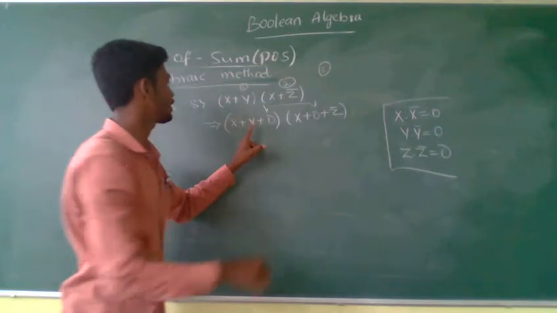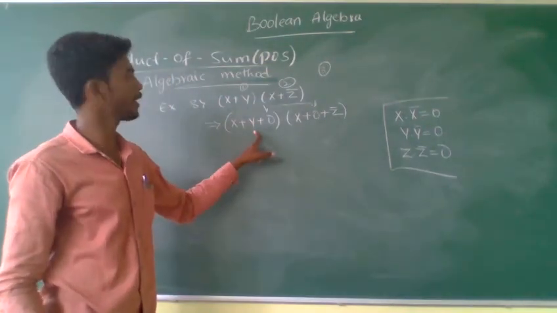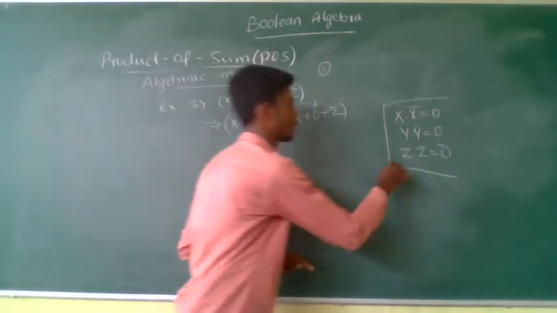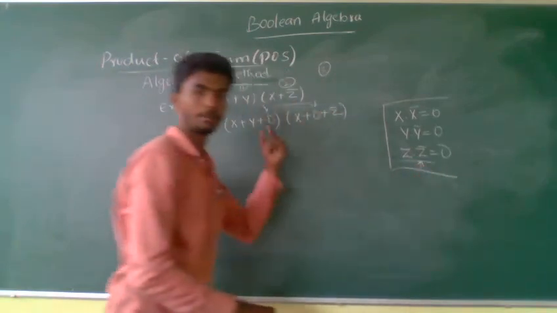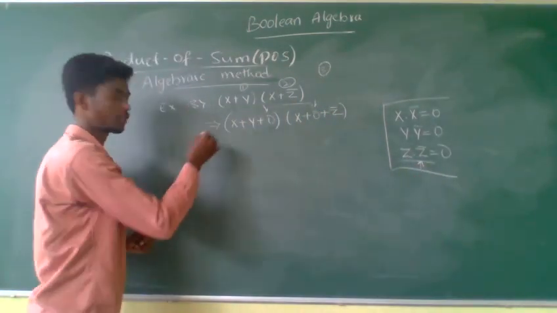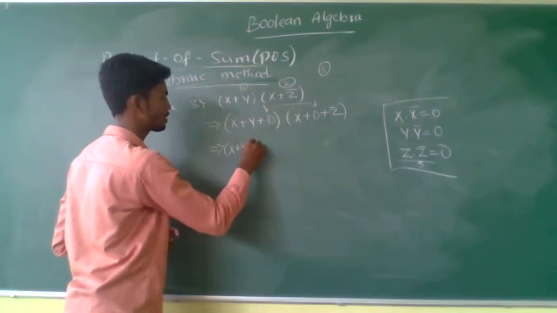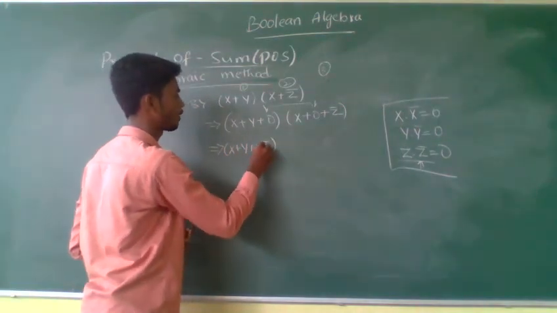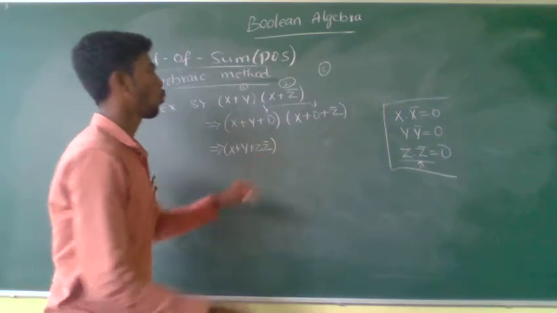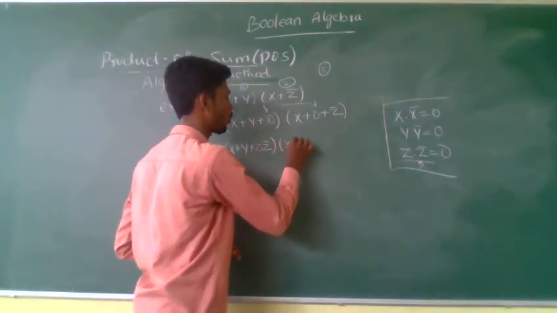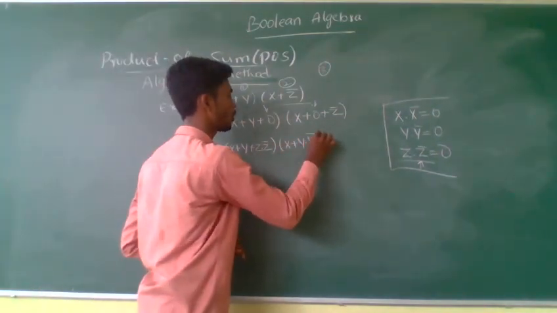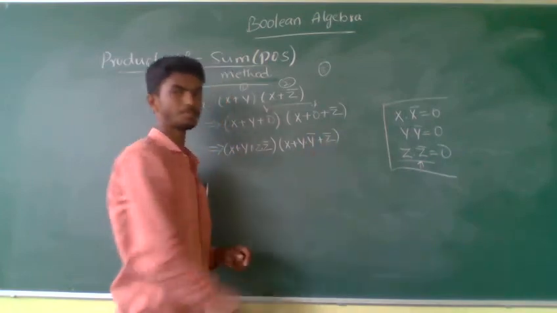In this term, to make a max term we need z, so we replace the 0 with z·z', giving x + y + z·z'. Here y is missing, so substitute y·y', giving x + y·y' + z'.